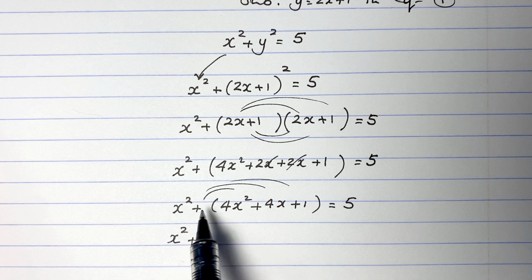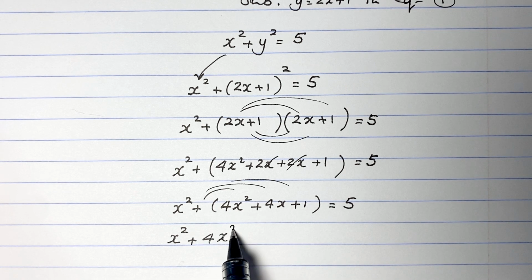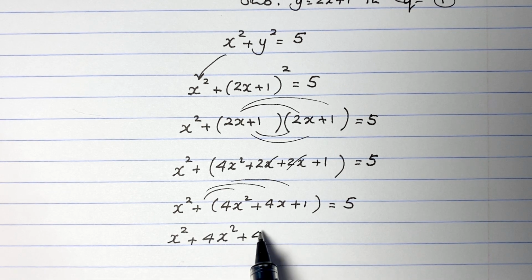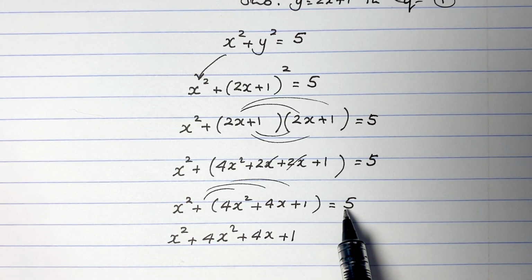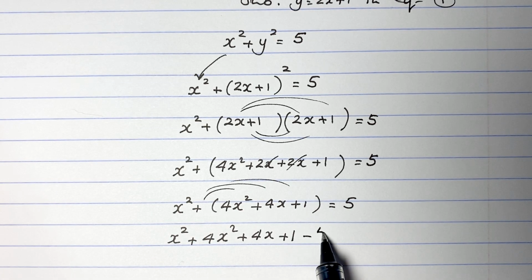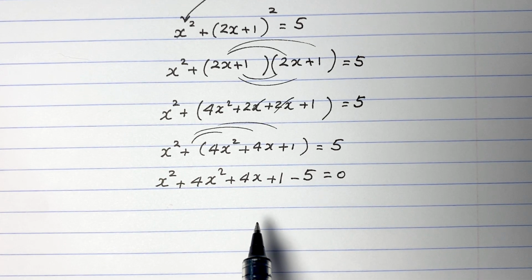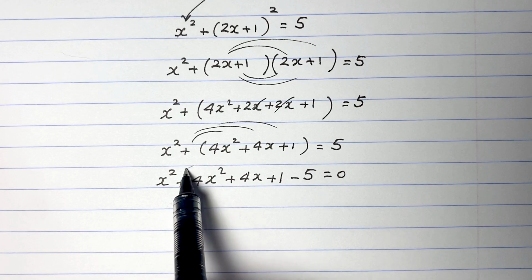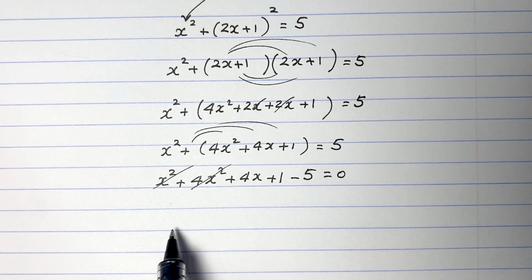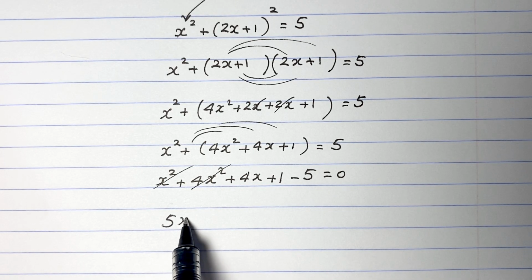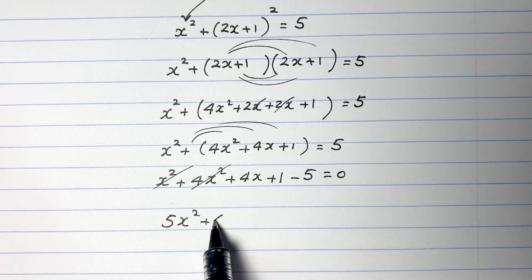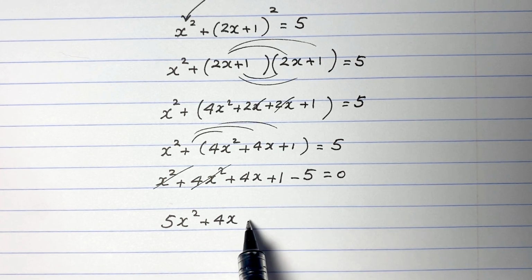So we have plus 1 times 4x squared, plus 1 times plus 4x, plus 1 times plus 1. I'm going to bring 5 to this side as well to form my quadratic equation. Simplifying, x squared and 4x squared, that's 5x squared, plus 4x minus 4.